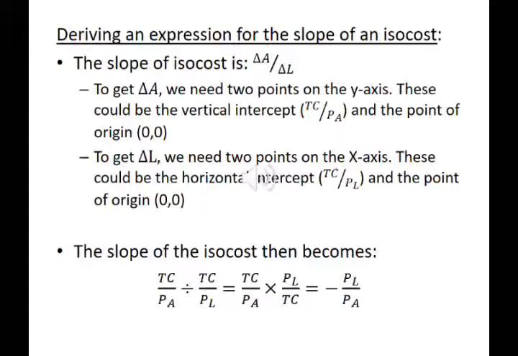The total cost will cancel out and we will be left with PL over PA, preceded by a negative sign, of course, because as you can see, the isocost is a negatively sloped curve. To use more labor, you have to decrease the quantity used of land. This is what we mean by a negatively sloped isocost.